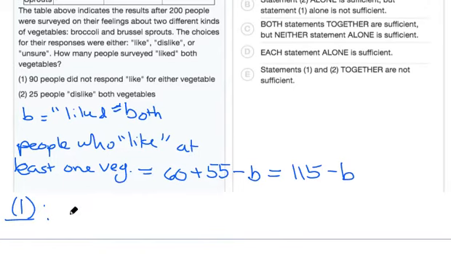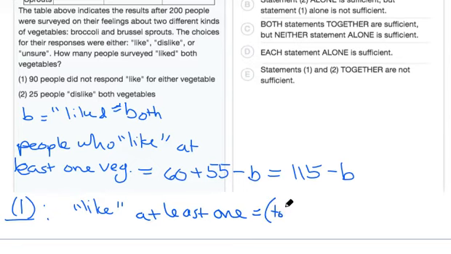We have that the people who like at least one of the vegetables is going to equal the total people surveyed minus the people who did not respond like for either vegetable.